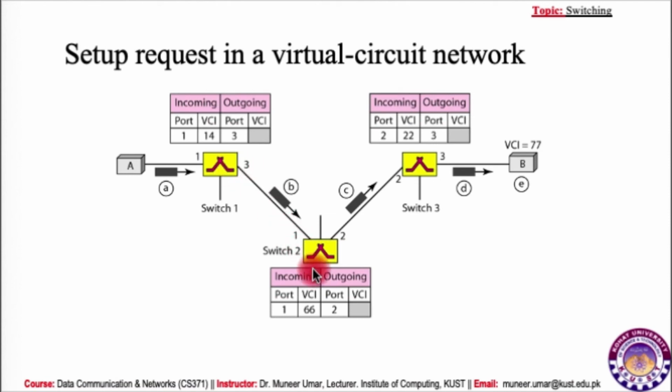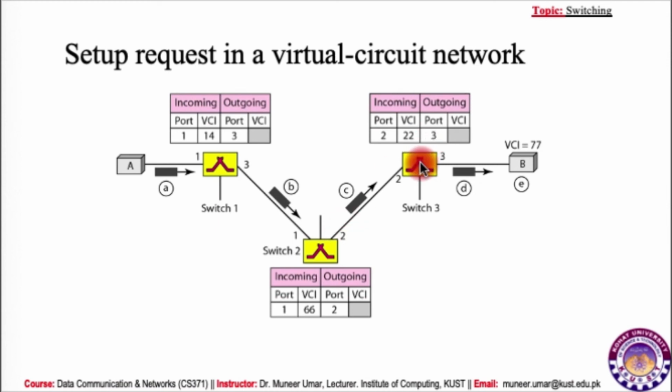The three columns are completed in this table, and the incoming port is 1 here. VCI is now 66, and it is forwarded to port number 2, which is the outgoing port.